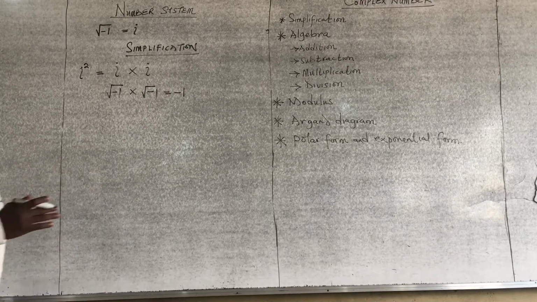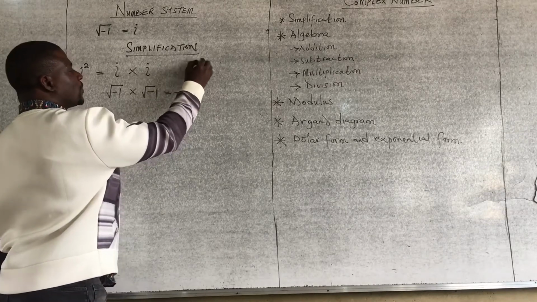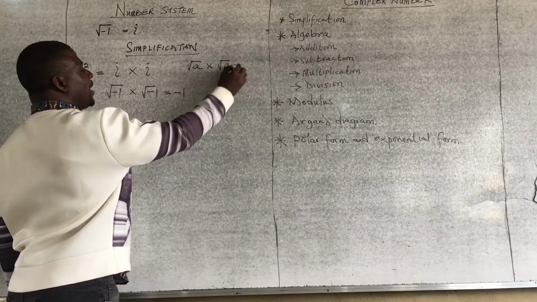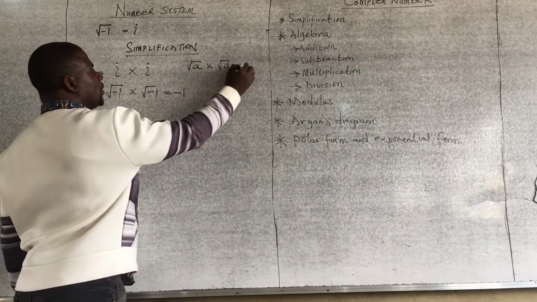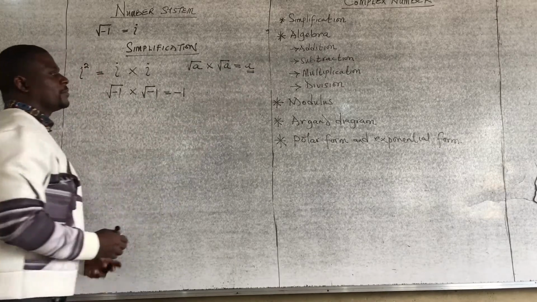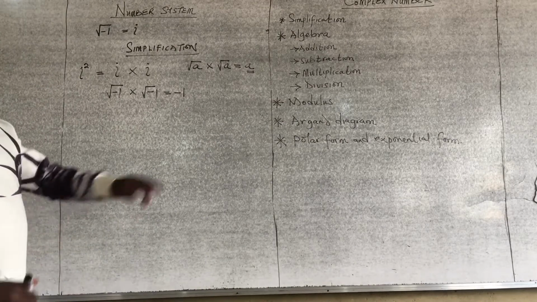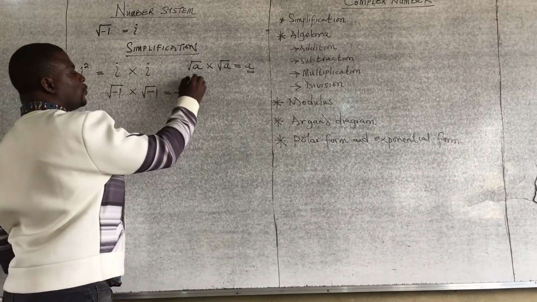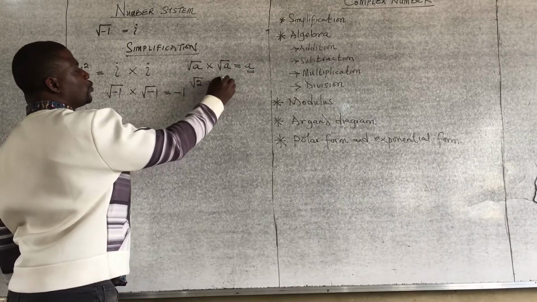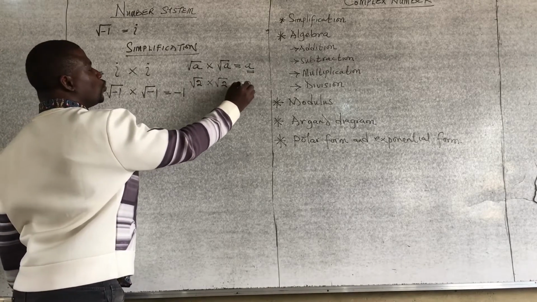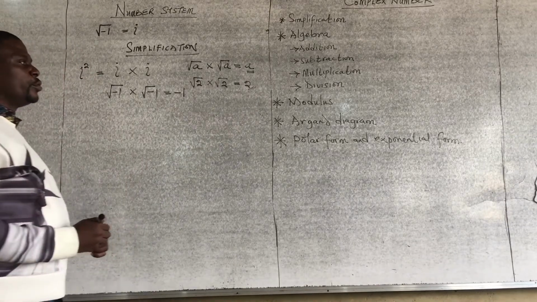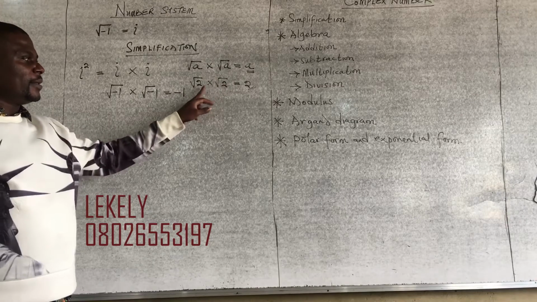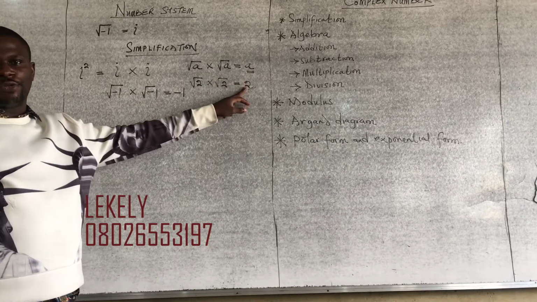Why? Because in the law of surds, if I'm multiplying a number under a square root by itself, it gives me that number. So root A times root A will be A. Meaning that if I have root 2 times root 2, the answer is 2. Whatever you have under the root, as long as they are the same letter or number, it will be that answer without the root.